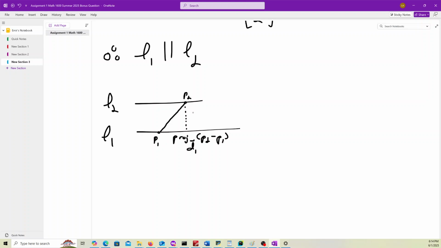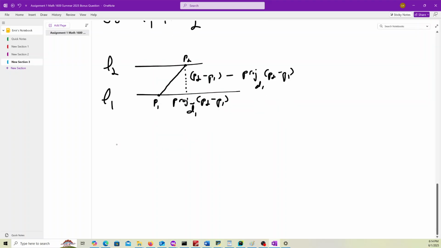And then we can find the orthogonal complement by taking P2 minus P1 minus the projection vector of P2 minus P1 onto D1.